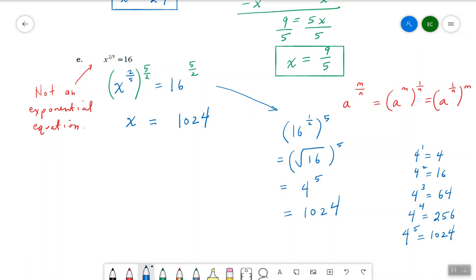Remember what happens when you take the square root of both sides of an equation. You get a plus or minus. And so the correct answer is going to be x equals plus or minus 1,024.